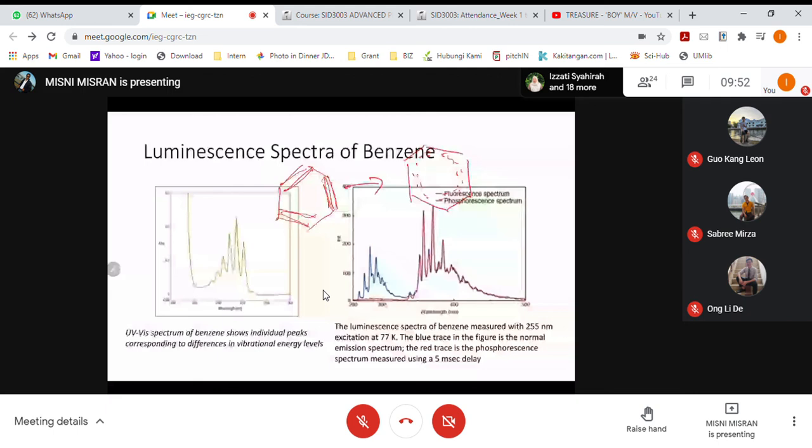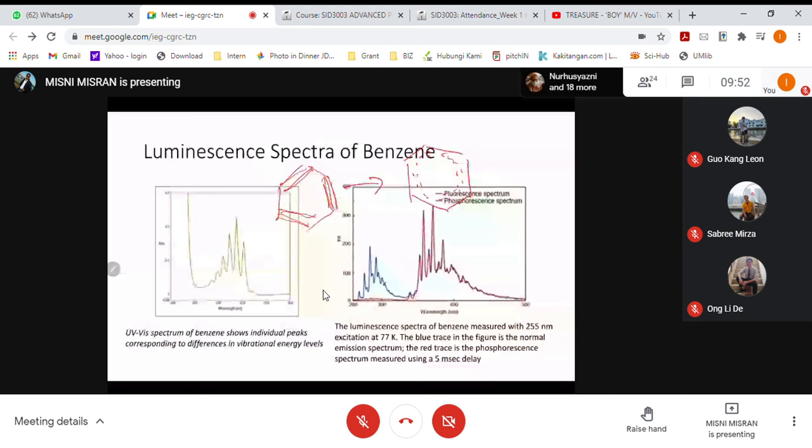Since it is just a single C6 carbon ring, the absorption energy is much lower, in the UV region.